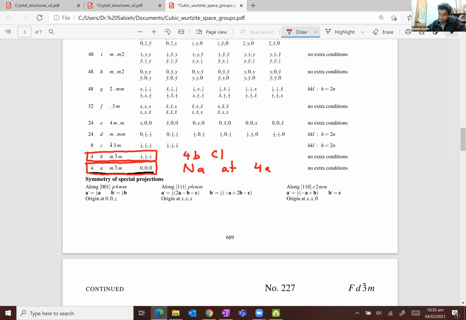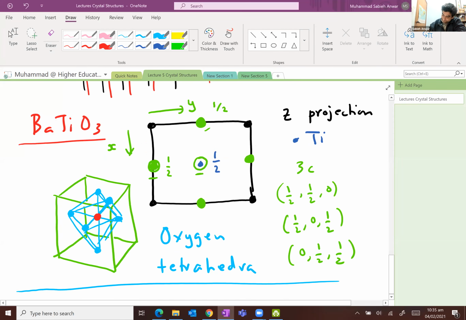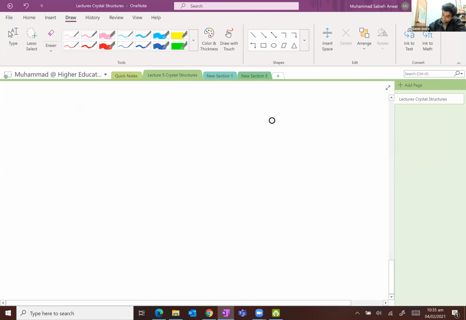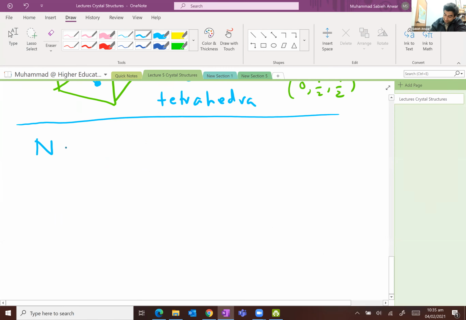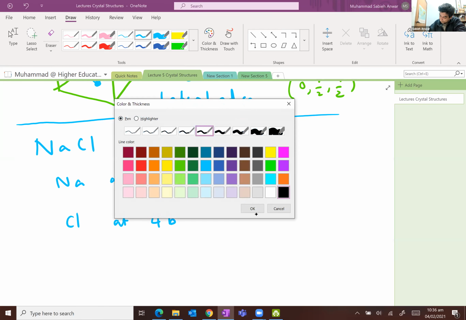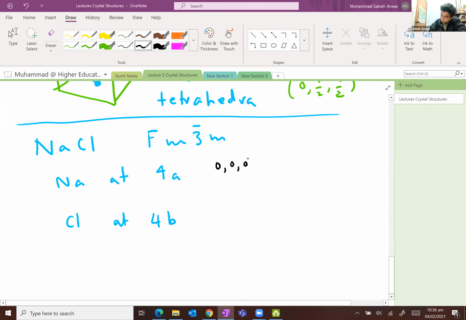So let me move to OneNote and try to write this down, which I've written in red over here. I'm looking at sodium chloride, Fm3̄m. Sodium is at 4a, and chlorine at 4b. And 4a is 0, 0, 0. But then I need to add the face centered locations as well.